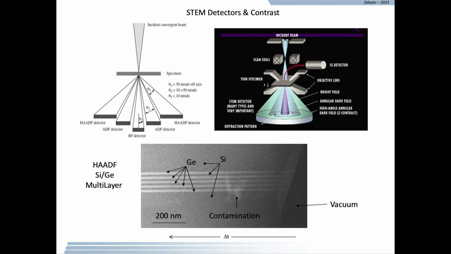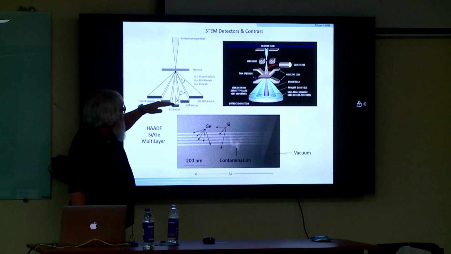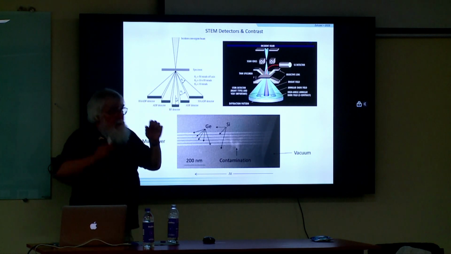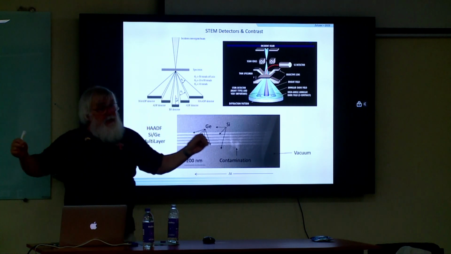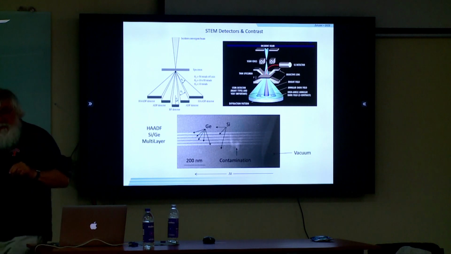All right. So, what's the advantage of doing that? In STEM, as I said, we have a convergent beam and multiple detectors across it. The important thing is the different detectors measure electrons that have been scattered through different angles. Now, what did we tell you early on when we talked about diffraction?